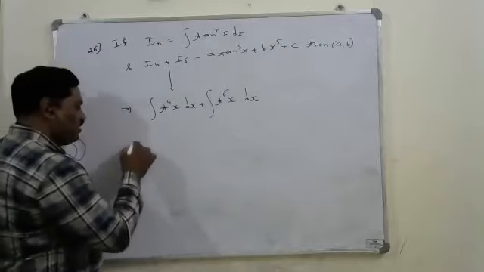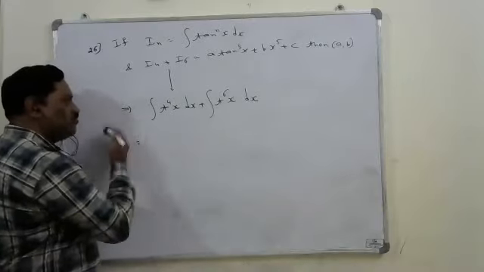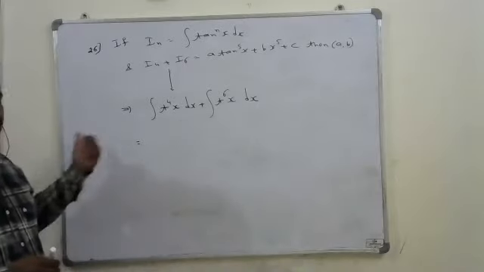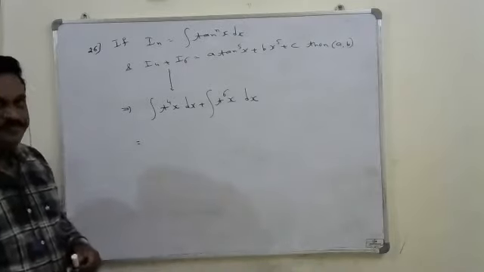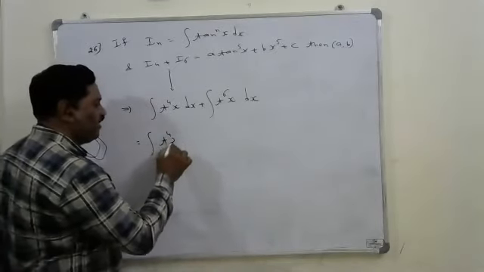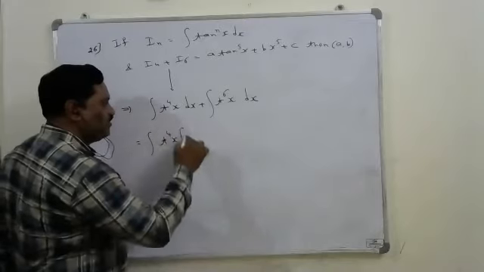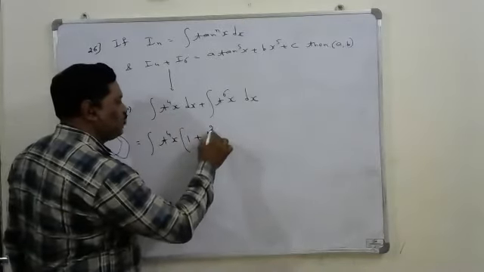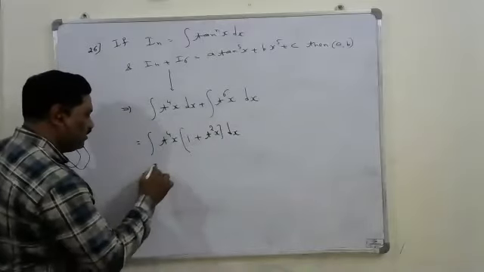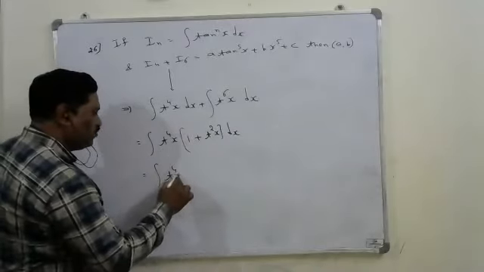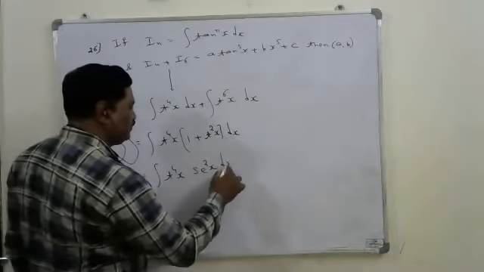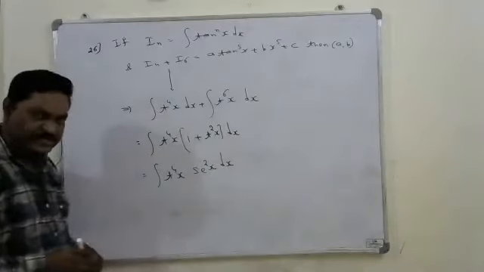Now to evaluate this, from these two terms what we can take common? Integral tan power 4x we can take common. What is remaining? This is 1 plus tan square x dx. So it is the integral of tan power 4x into 1 plus tan square x, which is secant square x dx. 1 plus tan square x is secant square x.